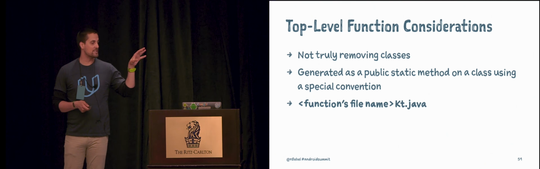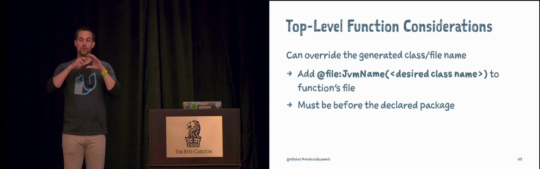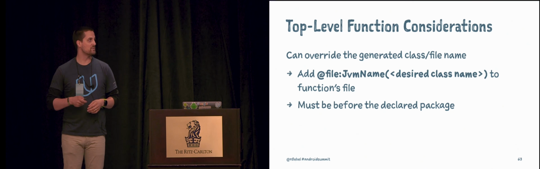So if we then want to consume this, from Kotlin, we just call log, and it's very convenient. From Java, it's a little less convenient. We have to reference that class. So we have LoggingKt.log. So it becomes the regular static invocation that we're used to from Java. Now we can actually improve this a little bit if we have to worry about this interop story. You can override that generated class name by using the @file:JvmName, and then you pass in the name that you want to switch it to.